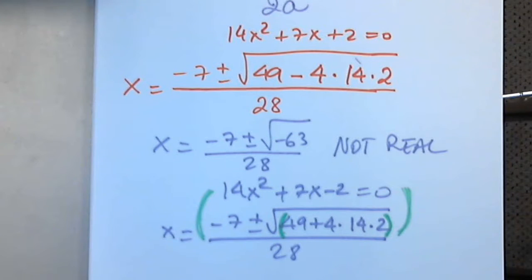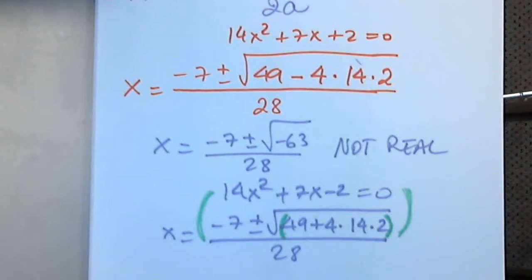And enter. So the two solutions approximated, approximately 0.2032 and approximately negative 0.7032. Now, if I'm not allowed to approximate, then I will just multiply 4 times 14 times 2 and add to 49.